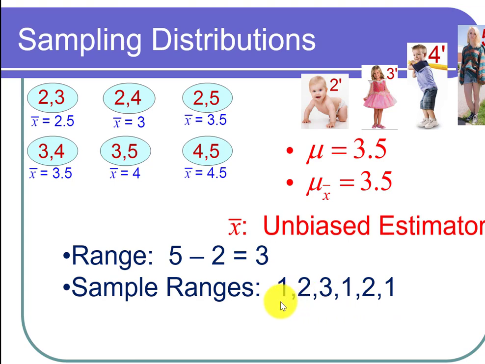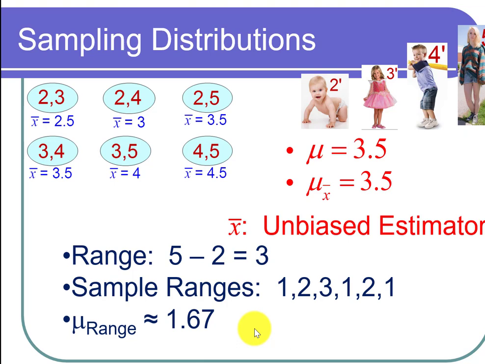Okay, now here's the bad news. If we take the mean of all these ranges, so you go 1 plus 2 plus 3 plus 1 plus 2 plus 1, divide by 6, you get 1.67. And that is certainly not equal to the range of the population. And that will always be true, or just about always true: the range for the population and the mean of all possible ranges for samples of size n will not be the same.